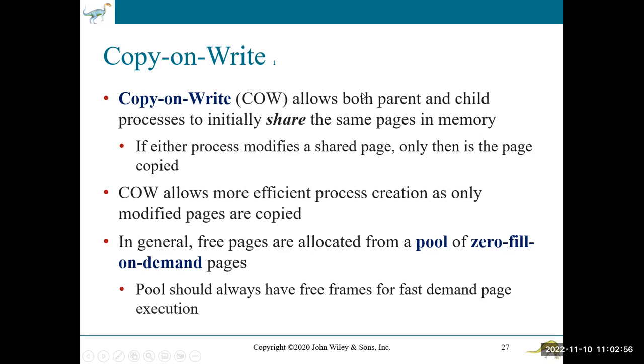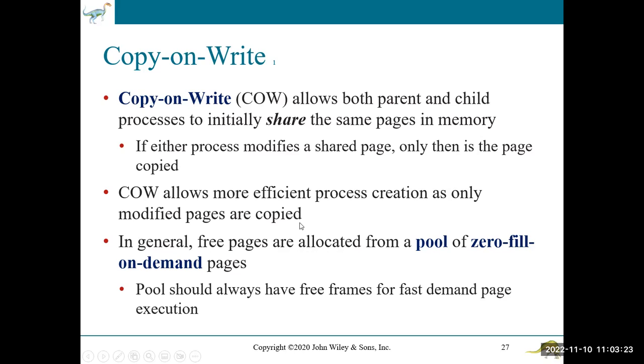So copy on write allows both the parent and the child processes to initially share the same pages in memory. So this is an adaptation that can help virtualization, virtual memory work more efficiently. You just need to understand how the concept works, copy on write. So there's a copy of something that's written so that you have two copies, one for the parent, one for the child.